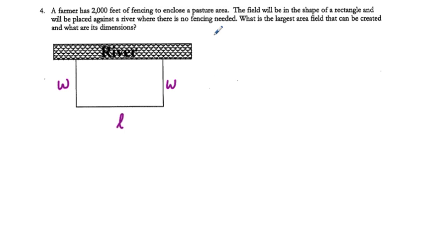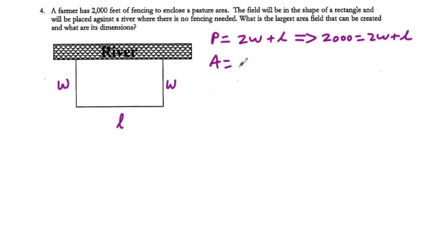So the perimeter, in this case, we have 2 times W plus L. And since we have 2,000 feet of fencing available, we'll say 2,000 equals 2W plus L. And the area is going to be length times width.